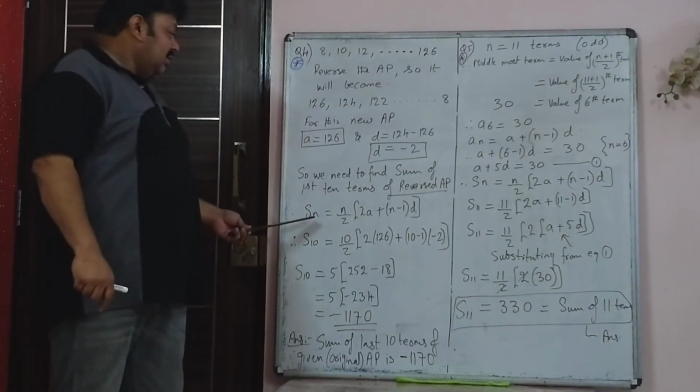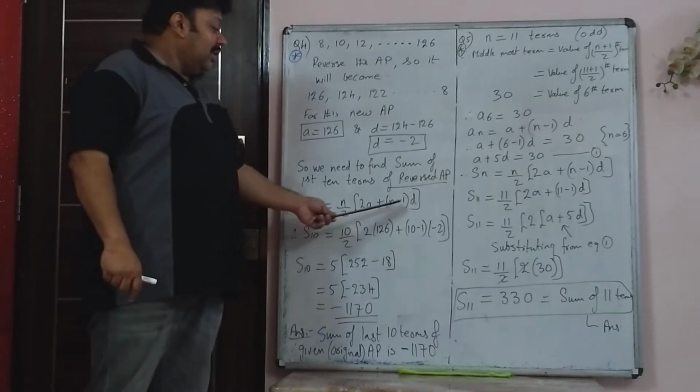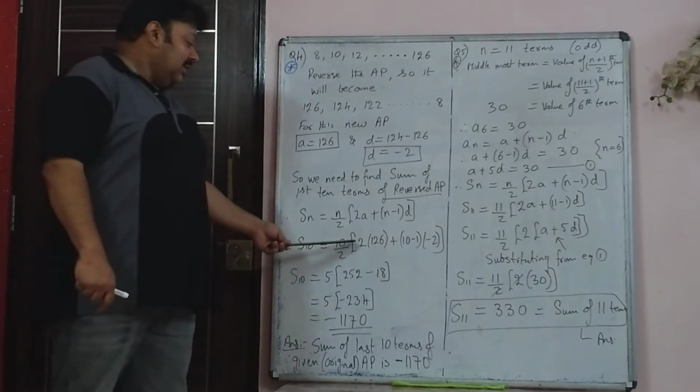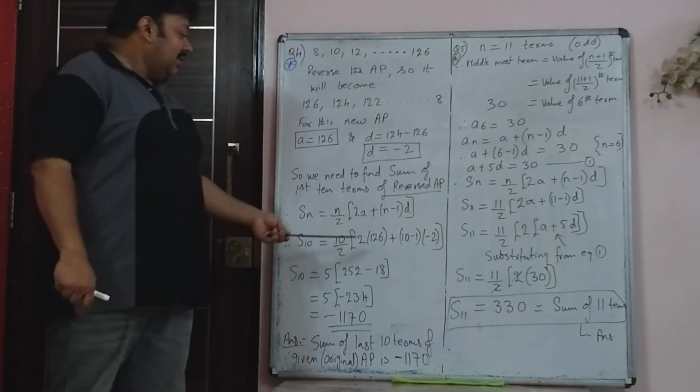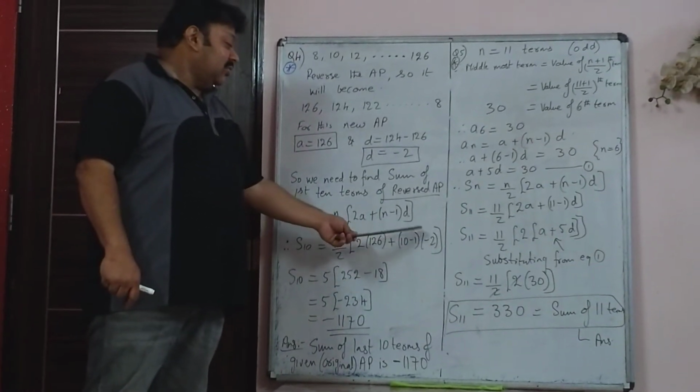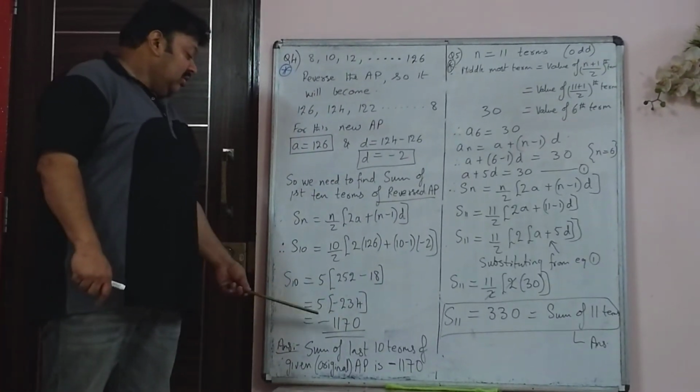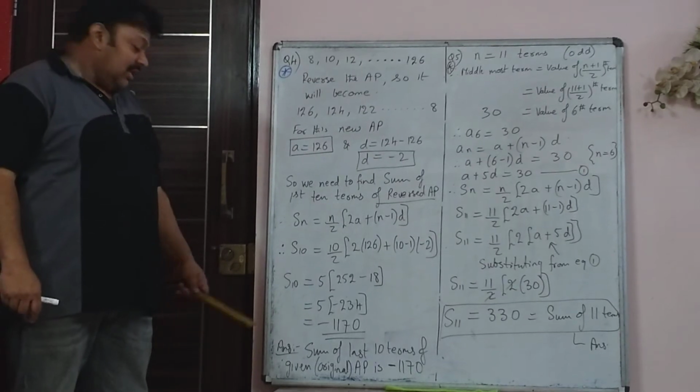Sn is n by 2 (2a plus n minus 1 d), our usual formula. So n is 10, first term is 126, n minus 1 is 10 minus 1 and d is minus 2. When you simplify, you will get minus 1170.